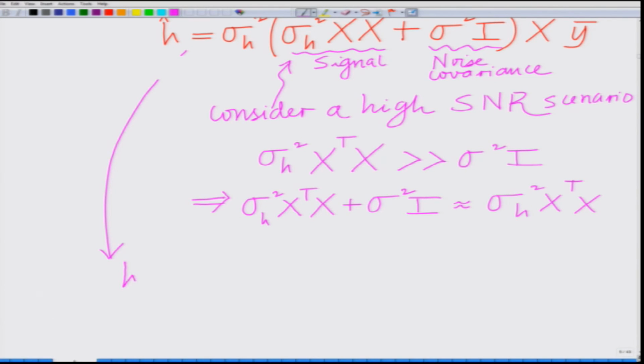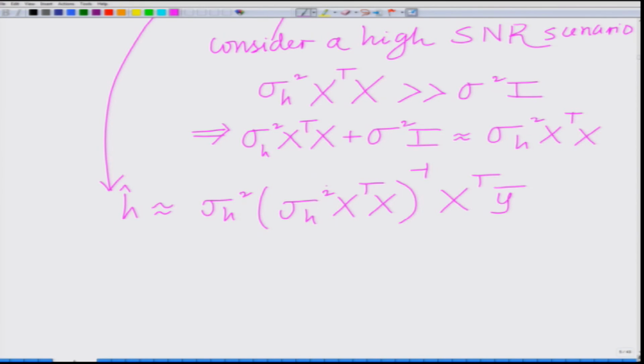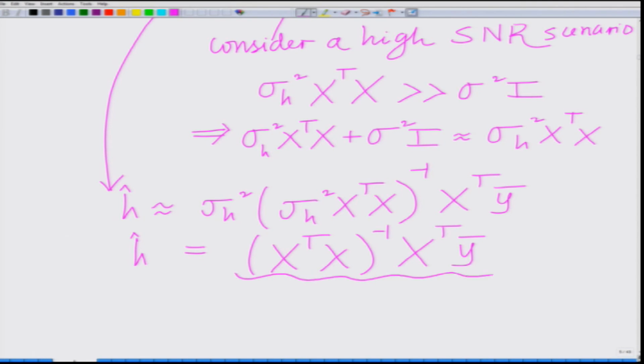And now you can see something very interesting: h hat is approximately equal to sigma h square times x transpose x inverse times x transpose y bar. If I bring the sigma h square outside, this is a scalar quantity, so this is simply x transpose x inverse x transpose y bar, and you can recall, this is the maximum likelihood estimator.